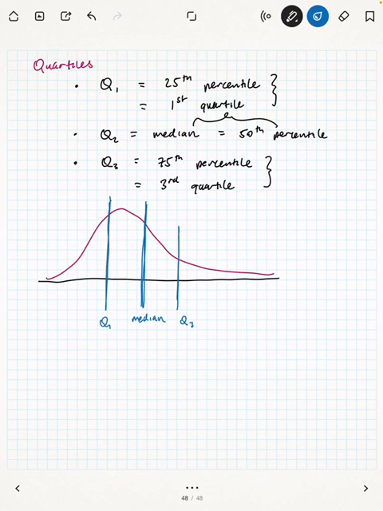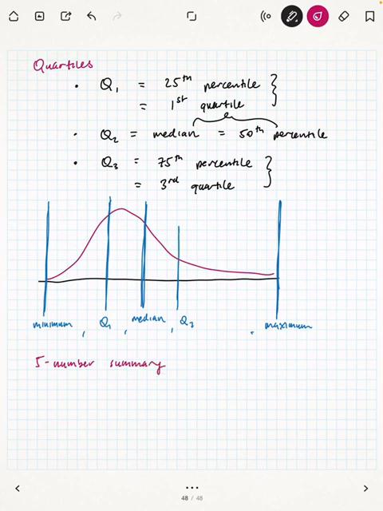And with two more additional special values, which is the minimum data value and the maximum data value, these 5 numbers make up what we call the 5-number summary. And they're a very helpful way of summarizing relative standing in our distribution.